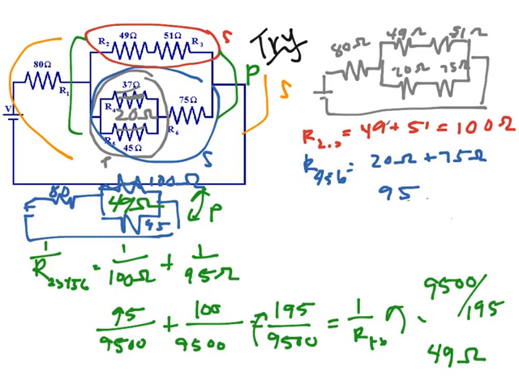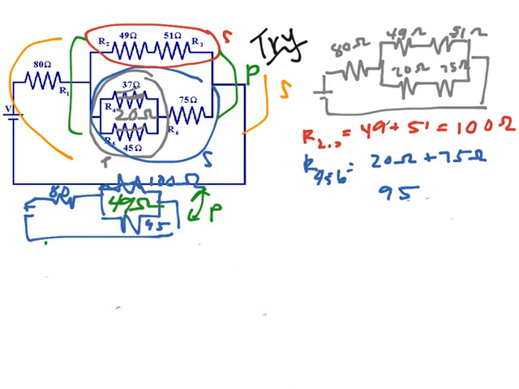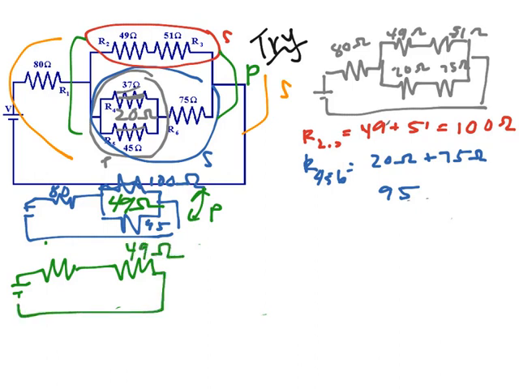Going to erase this again. And then now if I draw it, I have just your first resistor that we have yet to touch, and the 49 ohm resistor that we just solved for, and that is about it. So now these are just in series.